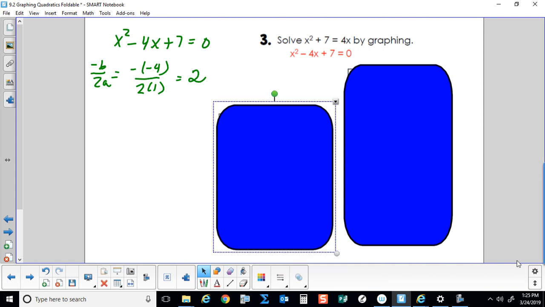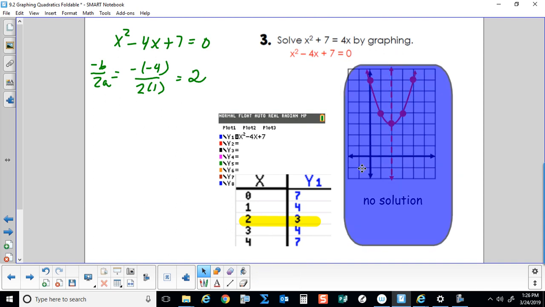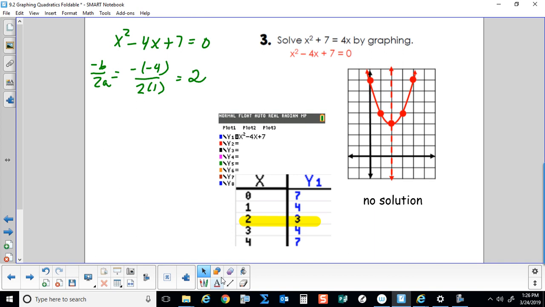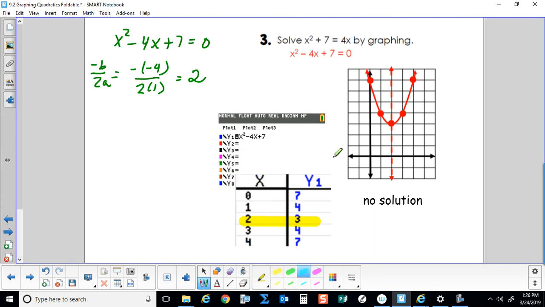Put it in your calculator. Your vertex is 2, 3. Select 2 points to the left, 2 points to the right. And then to determine the solution, let's look at our x-axis. Well, it doesn't touch the x-axis, so there is no solution.